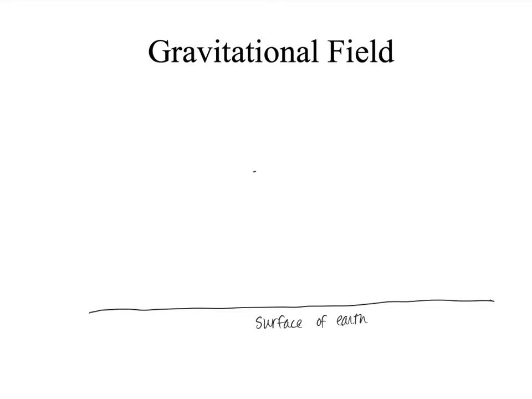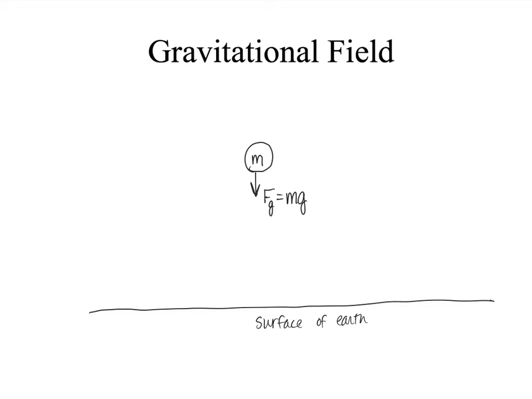We know that if we place an object here at some distance above the ground, it will feel a force down due to gravity, equal to m times g. We have explained that force as the attractive force that the Earth is exerting on that mass, but there is another way to think about it.